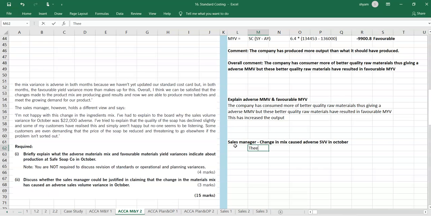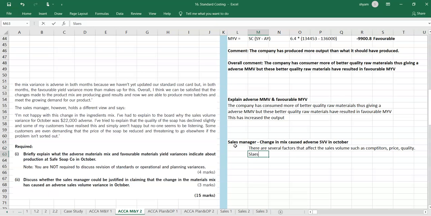Okay, so there are several factors that affect the sales volume, such as competitors, or price and quality.